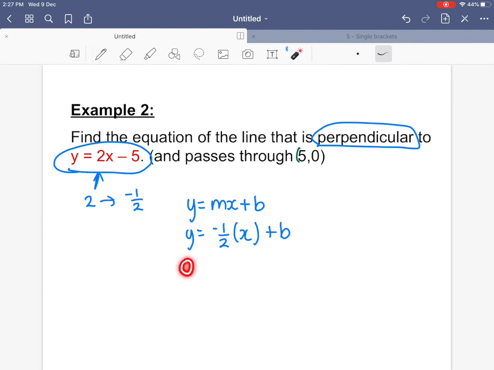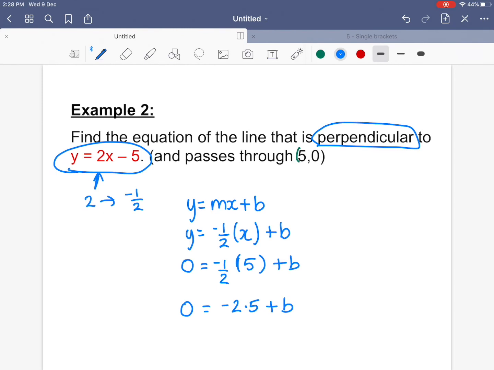When y is 0, x is equal to 5. So now I've got minus 1/2 times 5, which is minus 2.5, plus b is equal to 0.